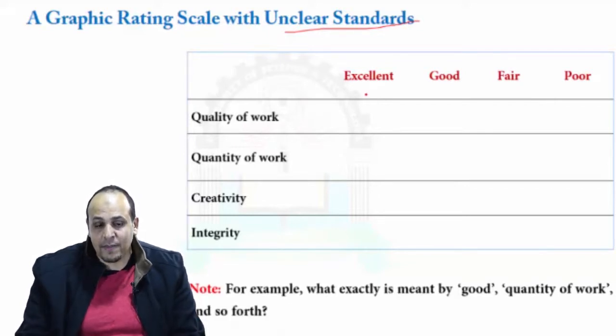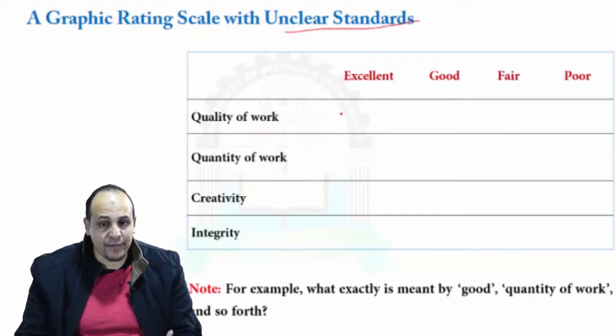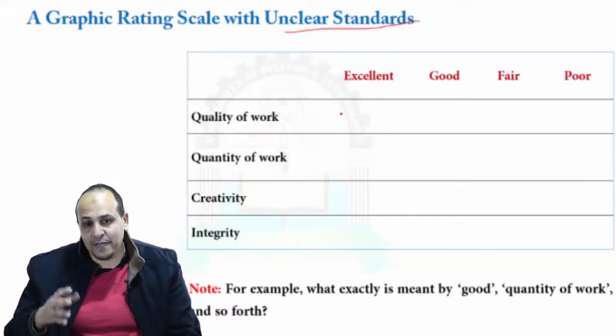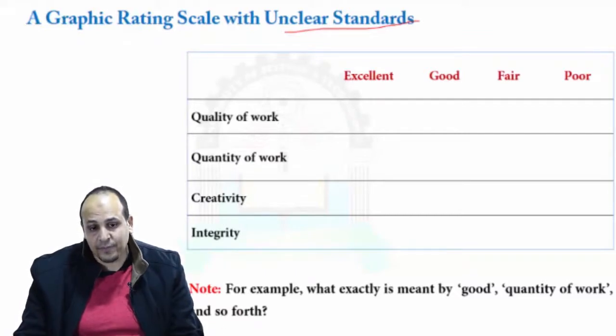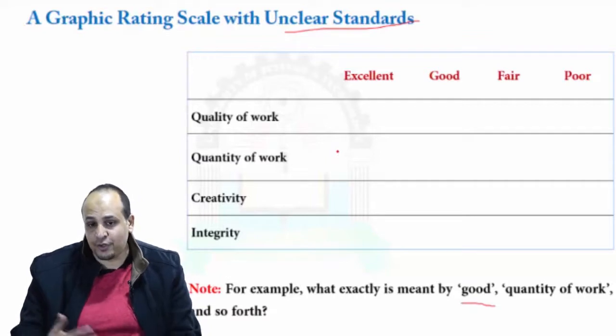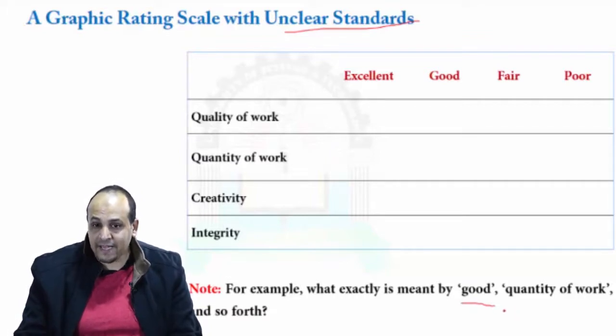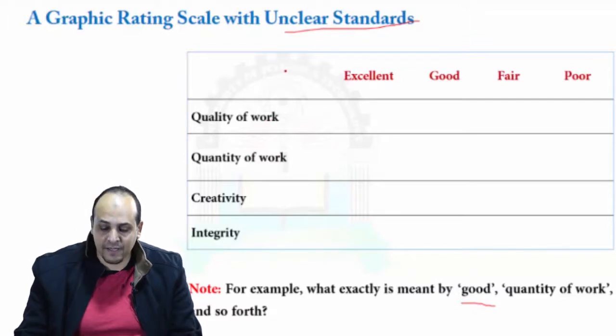There must be some kind of figures to illustrate to what extent this should be good, fair, poor, or excellent. So what exactly is meant by good quantity of work? Should we talk about, for example, 1,000 units to be produced, so we say it is good or not? That is just an example of unclear standards.